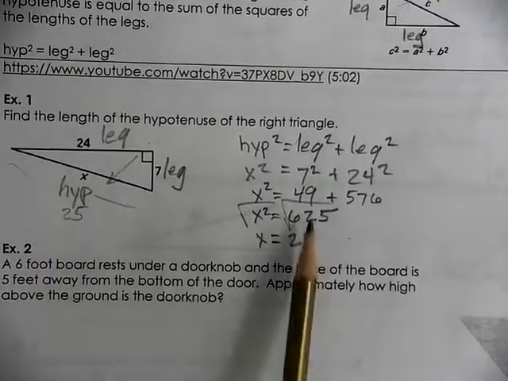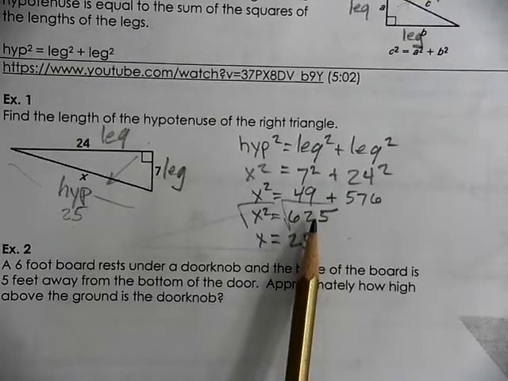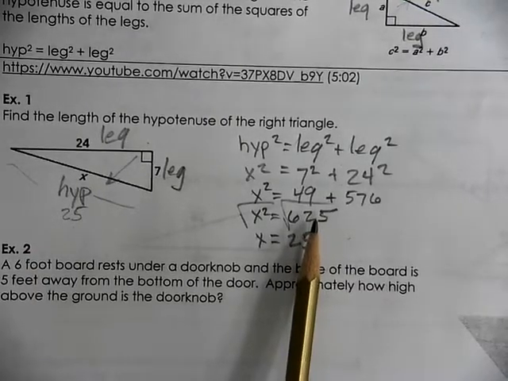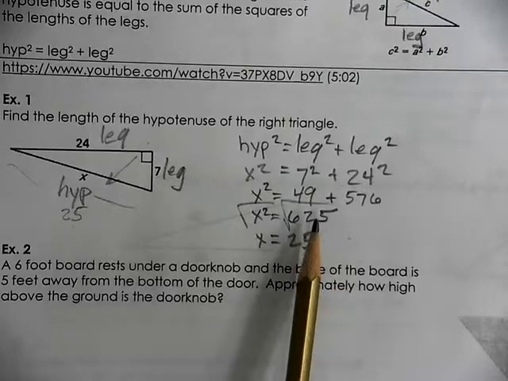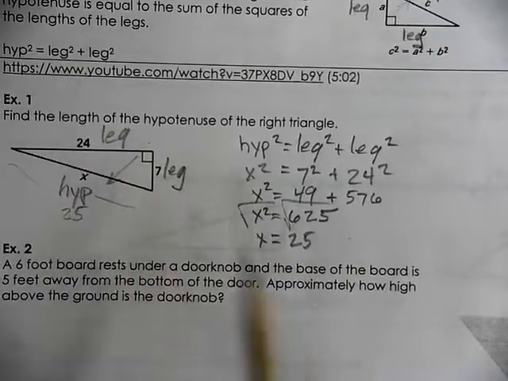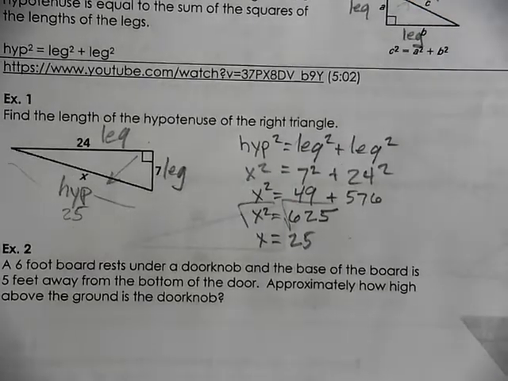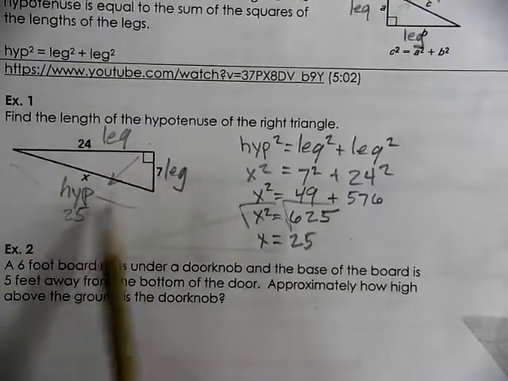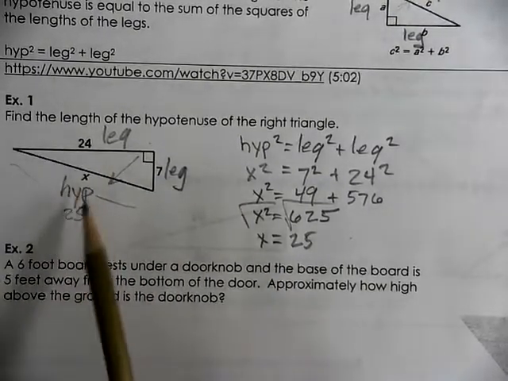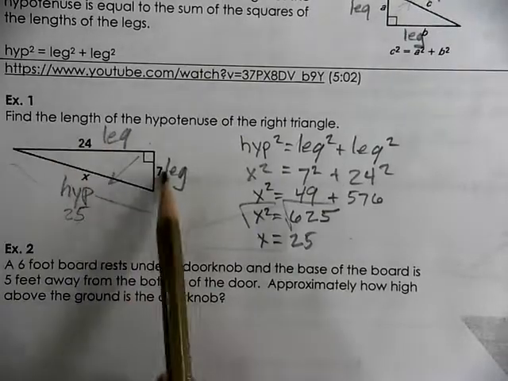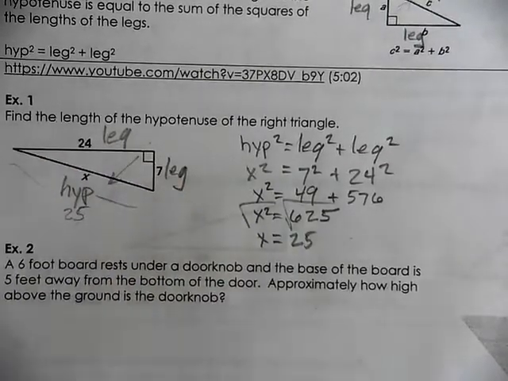So if you get an answer like 625, that doesn't make sense. It's way too big. The 7 and the 24 would never swing down to make a triangle. It wouldn't make the 625. So be sure your answers make sense. The hypotenuse is the longest side, and the legs will always add up to be more than the hypotenuse.